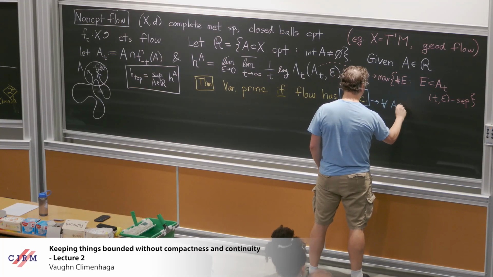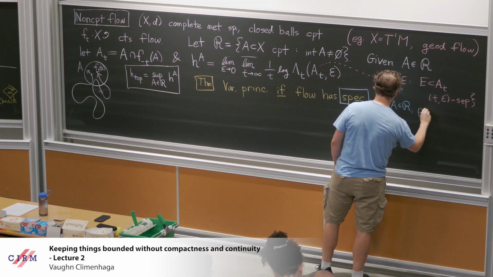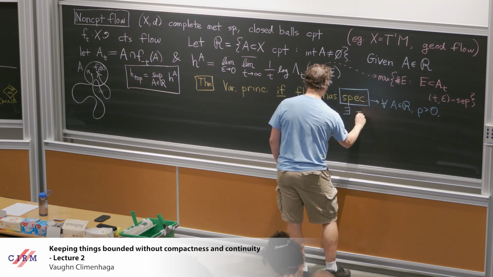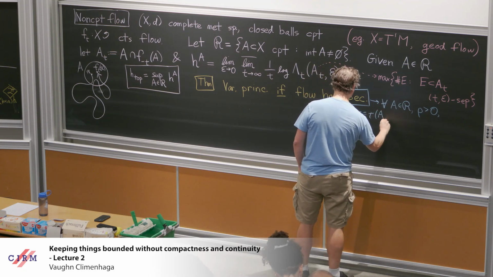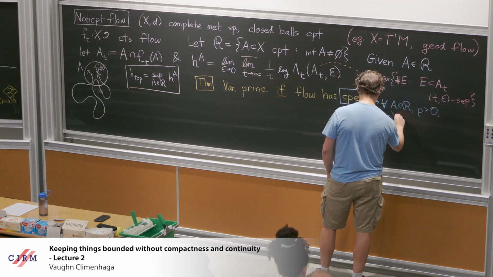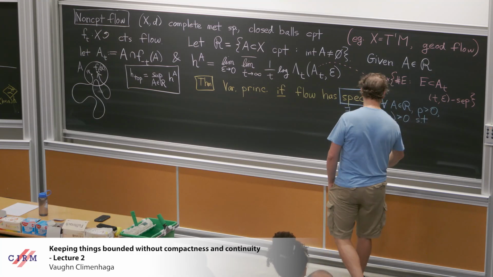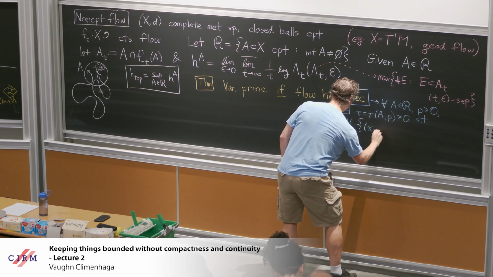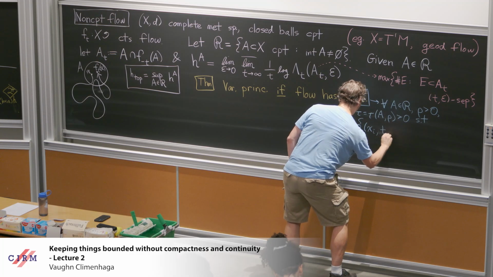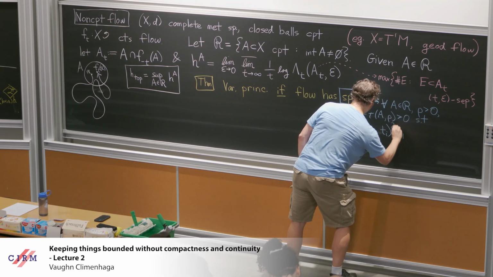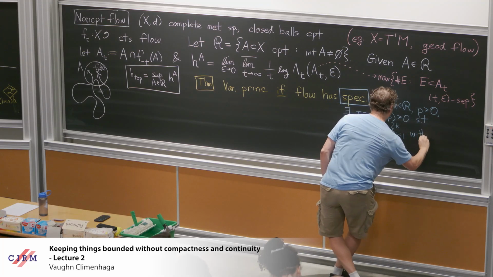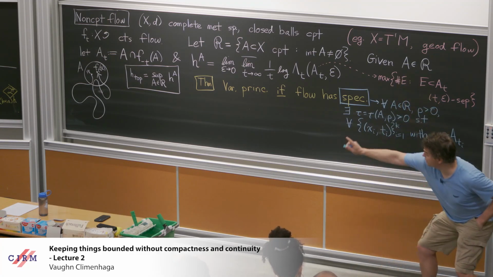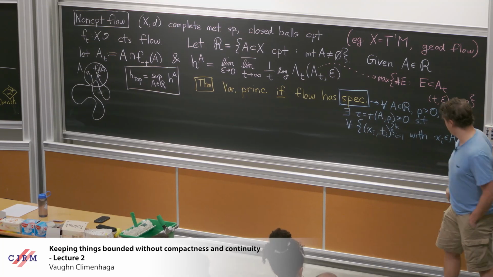For every reference set A and every scale rho greater than 0, there exists a transition time tau, which is allowed to depend on both the reference set and the scale, and which has the property that for every sequence of orbit segments with the property that the orbit segment looks like the one I drew over there, things work.